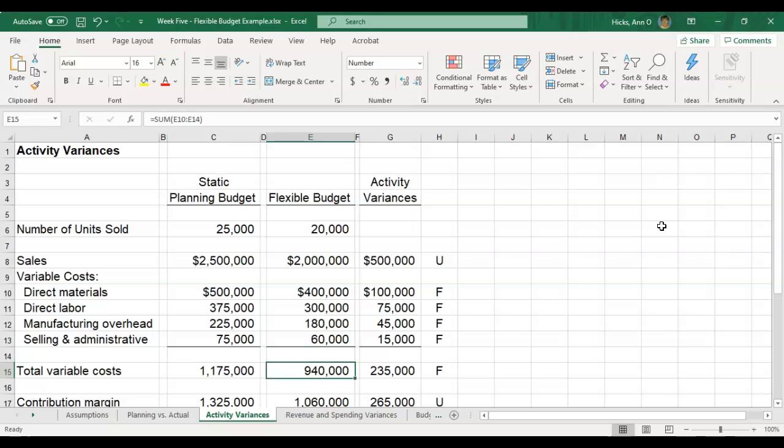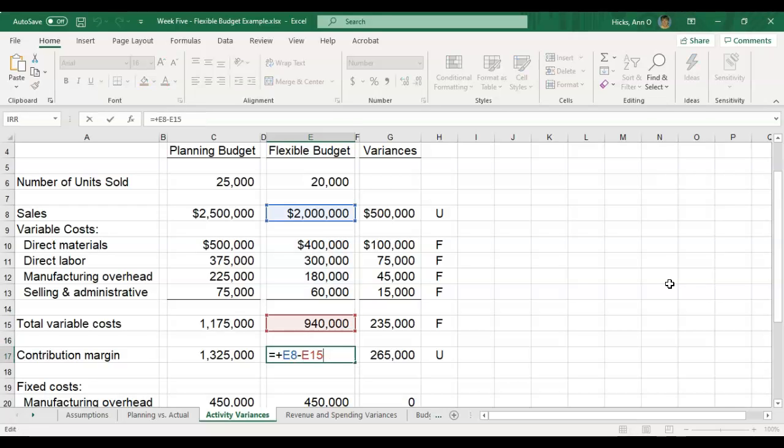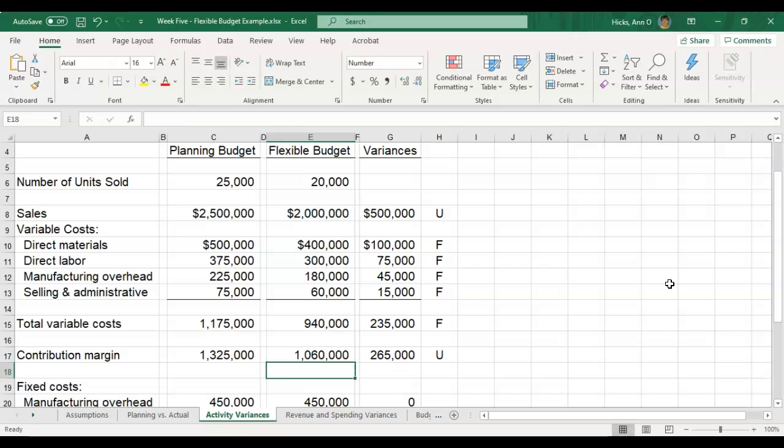So we add those up, and if we had met our budgeted cost on a per unit basis, but had budgeted to sell only 20,000 units, we would have actually had budgeted variable costs of $940,000. We subtract that from the $2 million in sales, and that would have left us with a contribution margin of $1,060,000.